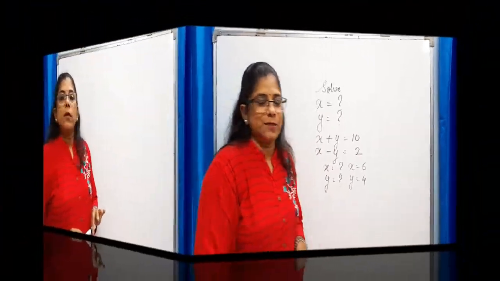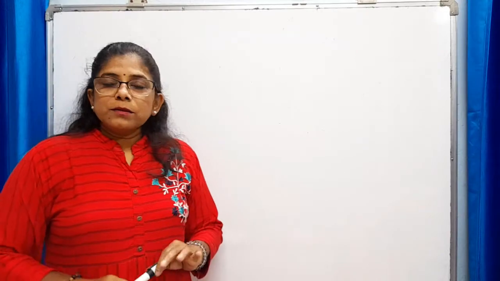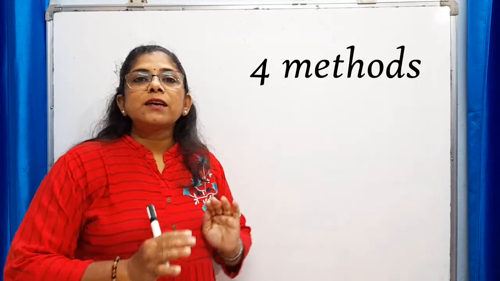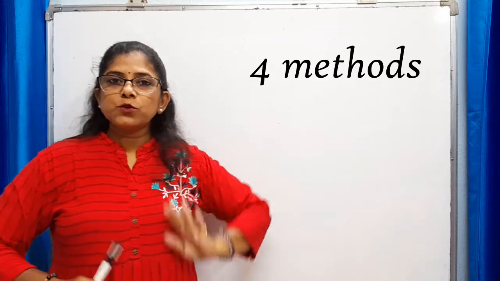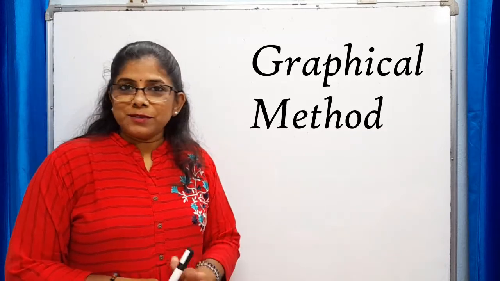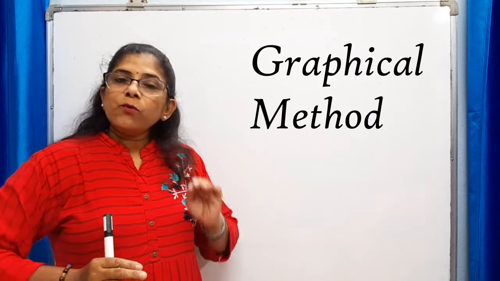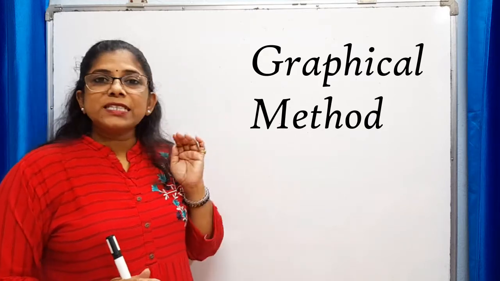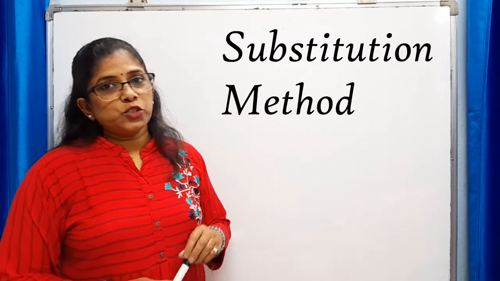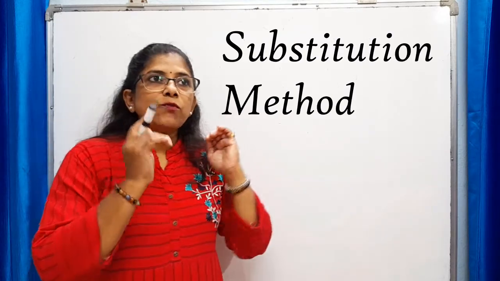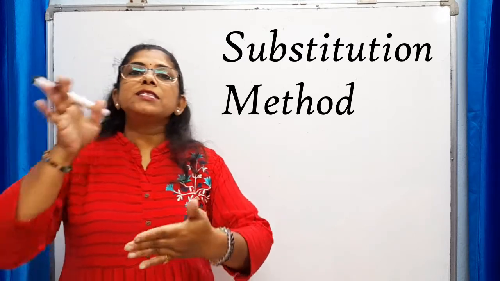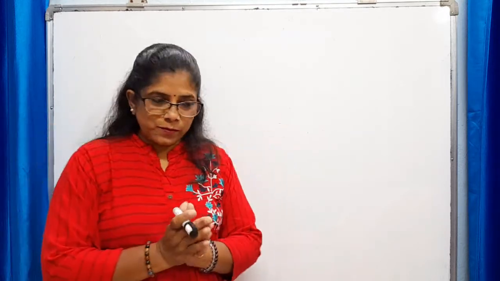Altogether there are 4 methods explained in standard 10 to solve linear equations in two variables. First method is the graphical method. With the help of a graph, we have to find the value of x and y. Second method is the substitution method. We have to find the value of one variable in terms of the other, then substitute and solve.